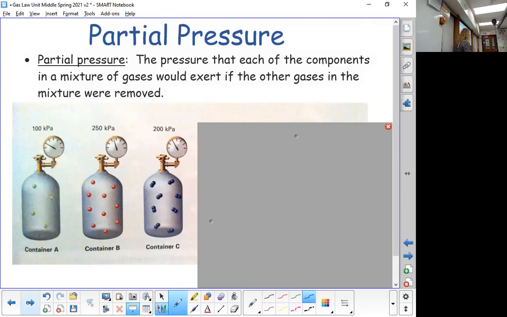And in this gas here, there's 10 red molecules, and you see from 4 to 10, it's exerting a pressure of 2.5 times as much. So amount of molecules is proportional.